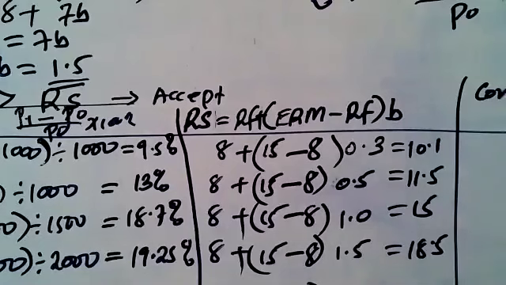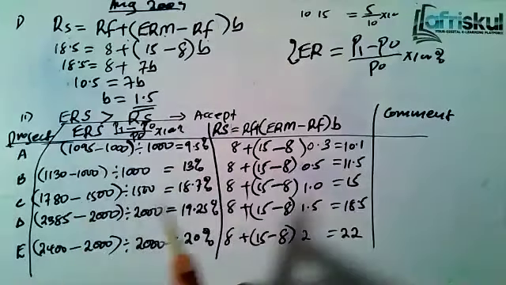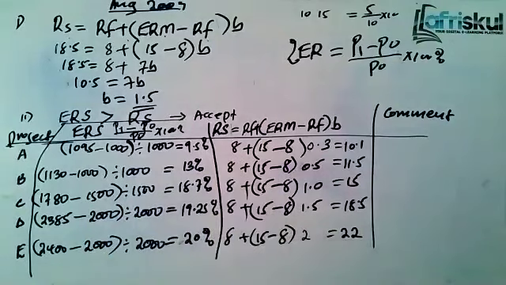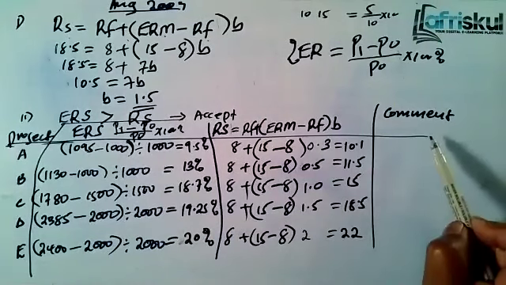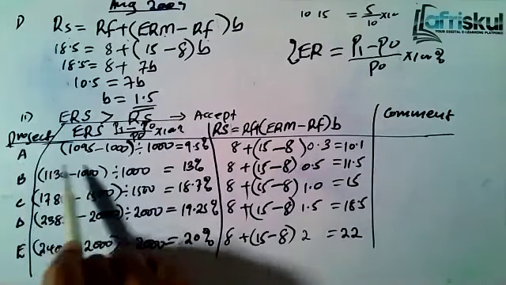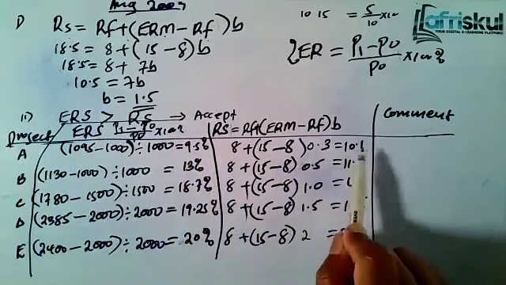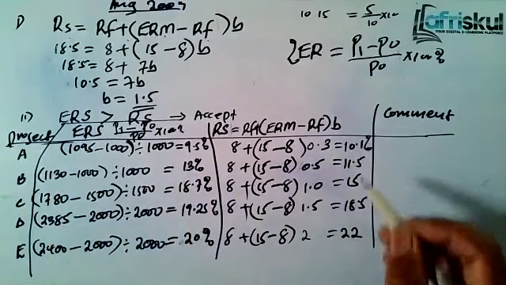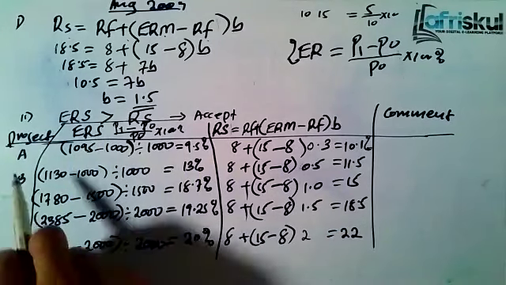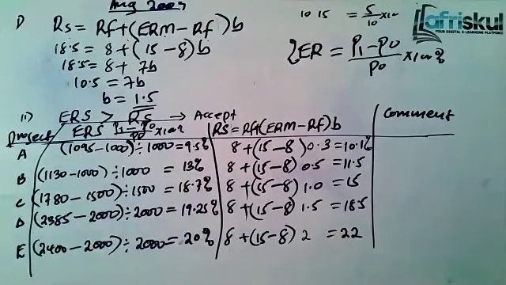Then we can comment. Remember the question was to determine the expected return on the security and the return of the security, and then comment on which project to accept and which one to reject. The first one, the expected return on the security is 9.5, but the return on the security is 10.1%. Accept or reject? So you're doing project A. Should we accept? Should we reject?